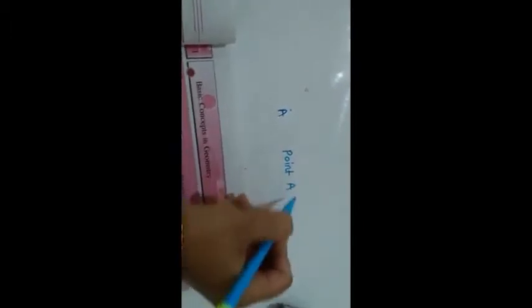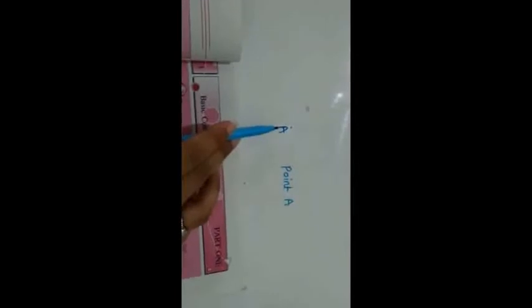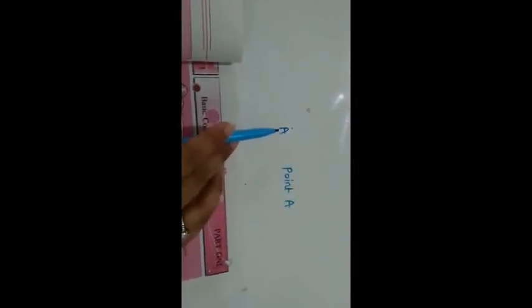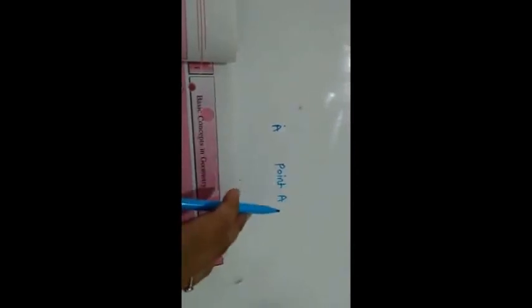The point can be read as the word point and the name of it. That is, after creating a point, we will denote the point with any capital letter from A to Z. And for reading that point, we read the keyword point, and after that the name of that point.